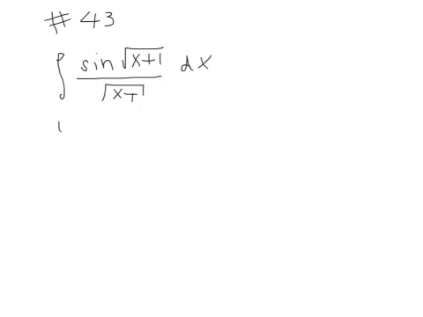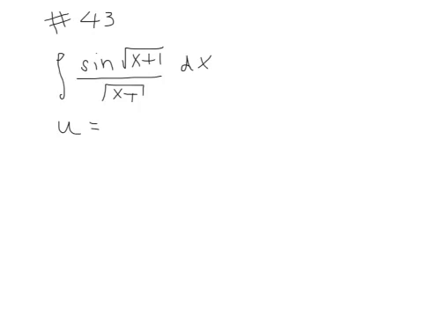go ahead and find a u. So we got the integral of sine of square root of x plus 1 divided by square root of x plus 1. Okay, so there are some options here. You can let u be x plus 1, or u be square root of x plus 1.